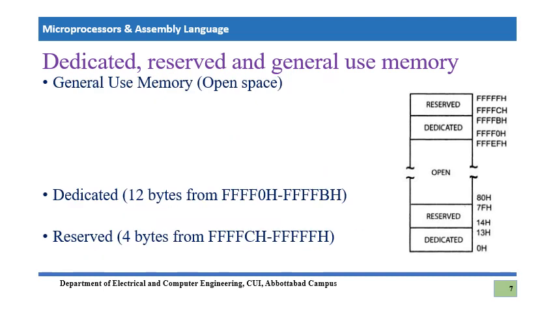In this slide, we are going to deal with the remaining part of the memory. We have already learned about the dedicated and the reserved memory, but now we are going to deal with this open space. That open space is the actual memory which is available for data and instruction storage. That means any data or any operand which is supposed to be stored in memory will be stored here in the open space, or any instruction.